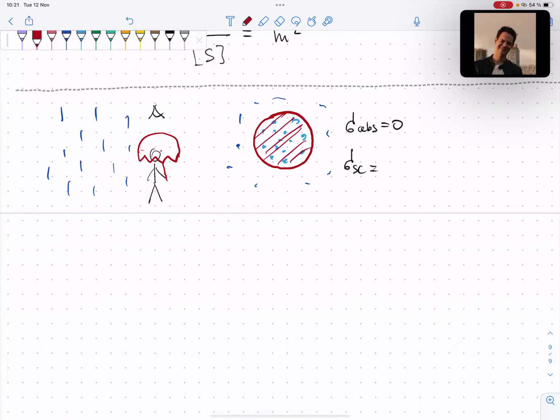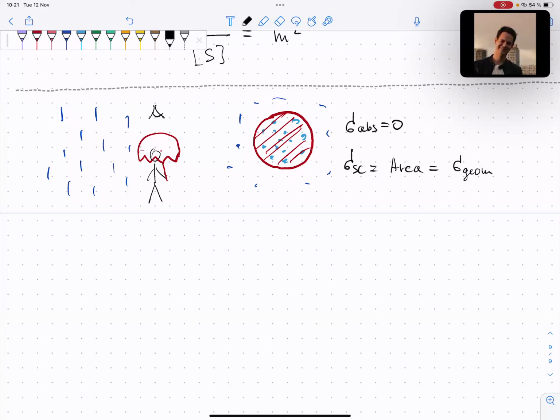It will be equal to what is called the geometric cross section. The geometric cross section is basically the area of the scatterer. In our case, it is the area of our umbrella.